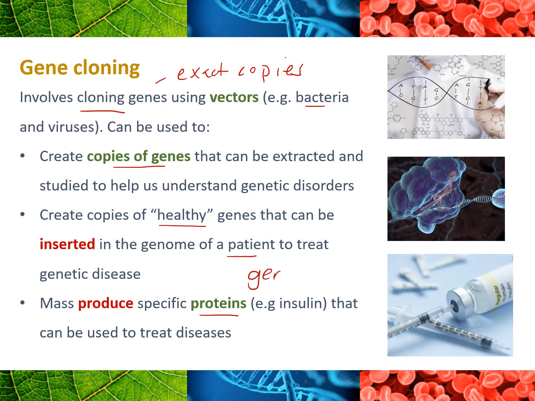So remembering obviously that genes code for proteins. If we can clone genes and then switch on the transcription and translation of those genes, so that gene expression, we can produce proteins. And a really good example of that is insulin for people with diabetes that don't produce their own insulin.